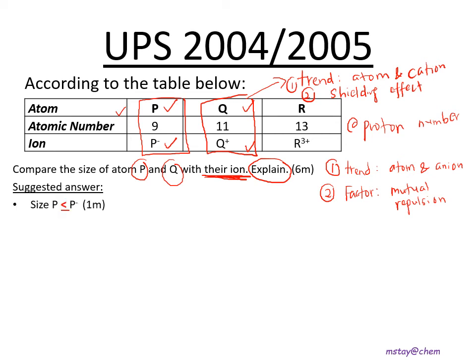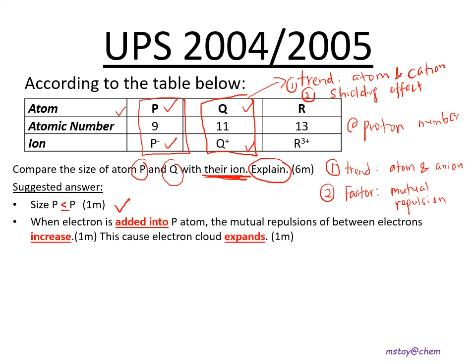Size of P will be smaller than P negative, 1 mark. When electron is added into P atom, the mutual repulsion between the electrons becomes stronger or increases, another 1 mark. This will cause the electron cloud to expand, and that means that P negative will have a larger size than P. The conclusion is already given here, so you no need to repeat it.